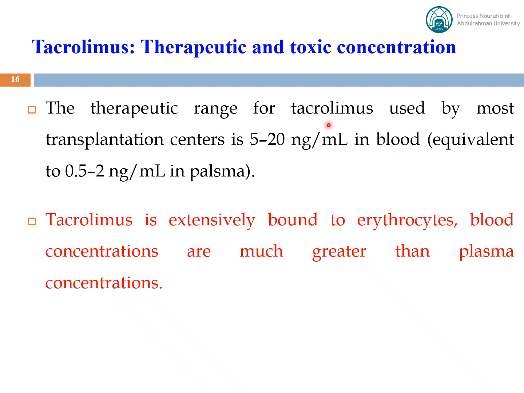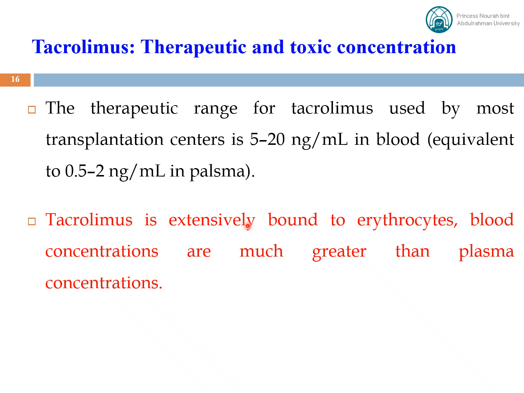Because there is protein binding in the blood. Please take care about the nano unit rather than the milligram. Tacrolimus is extensively bound to erythrocytes, so its blood concentrations are much greater than its corresponding plasma concentrations.